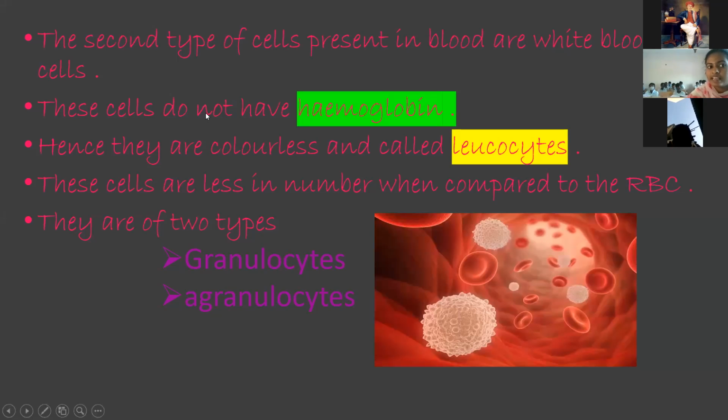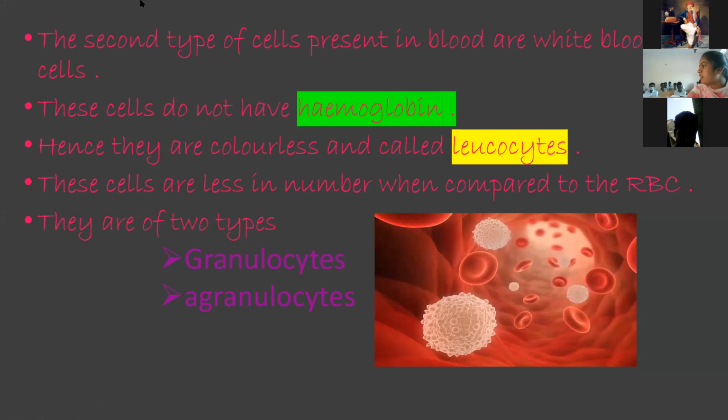Next one is the second type of cells present in blood, that is called white blood cells. The white blood cells are also called leukocytes. Why is it called leukocyte?